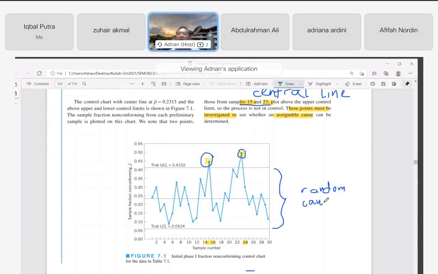If it is attributed to an assignable cause, which is what we have now with 2 points here, it is a problem. We need to investigate. Who caused the problem? Is it operator mistake, or has the machine deviated from the standard setting?